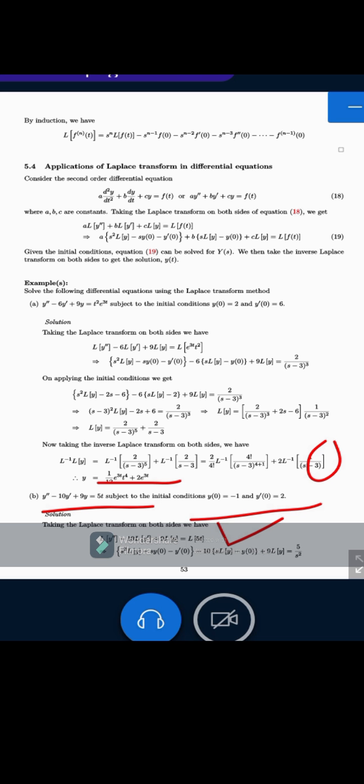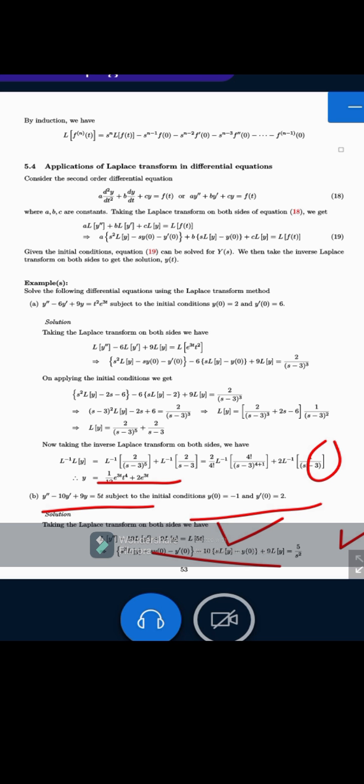After writing it in that form, you apply the Laplace transform on both sides. So it's very clear that you are going to get this.